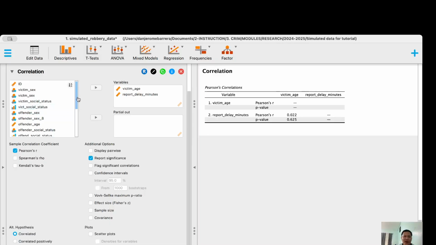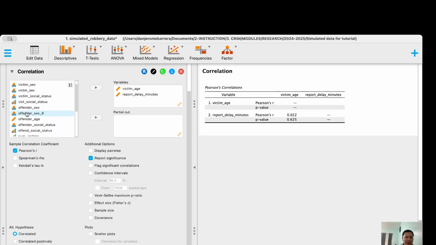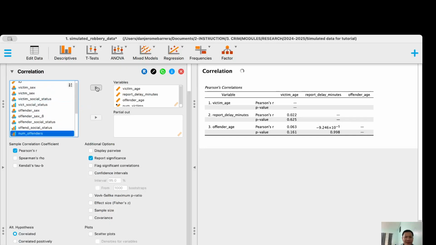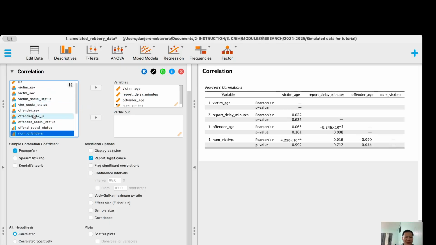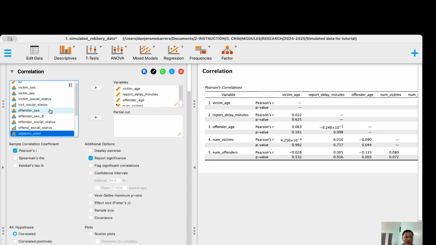Let's look at other variables. Let's add offender's age, then number of victims. Let's also add number of offenders, then that's it.